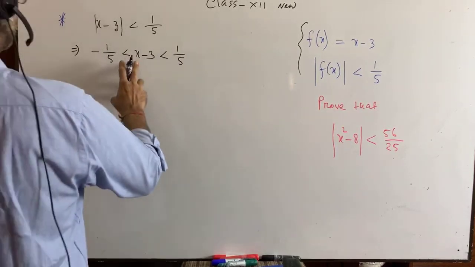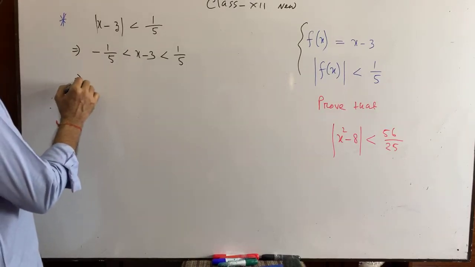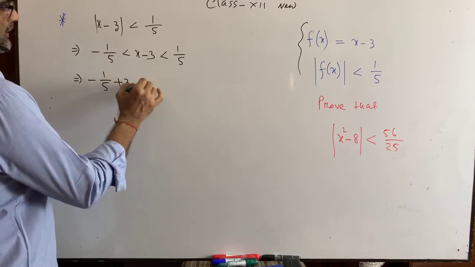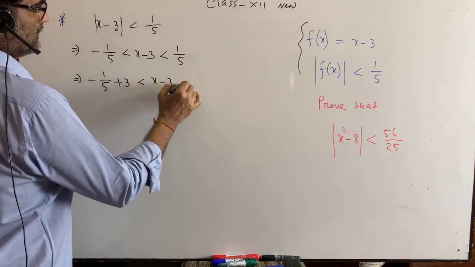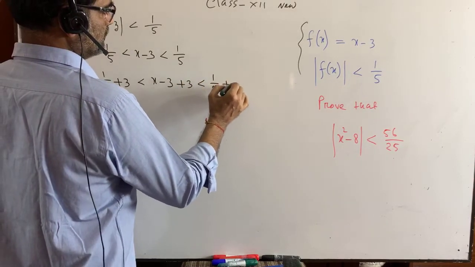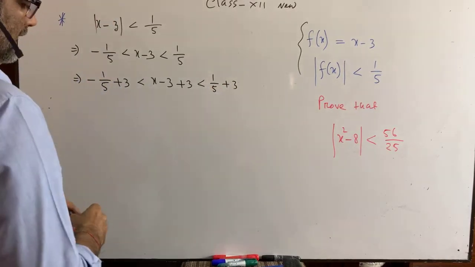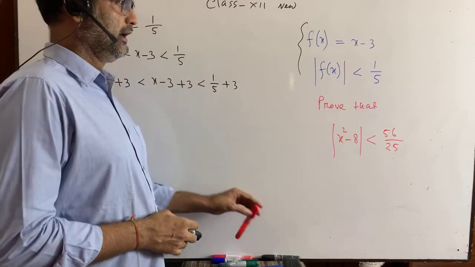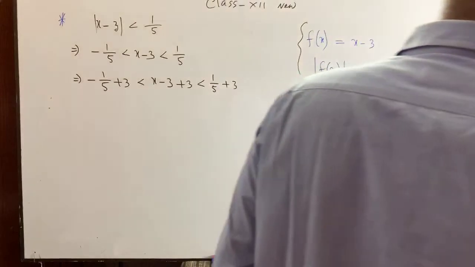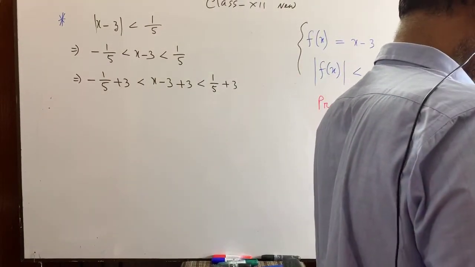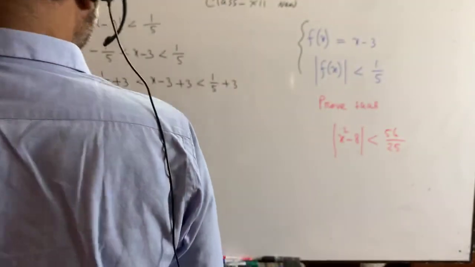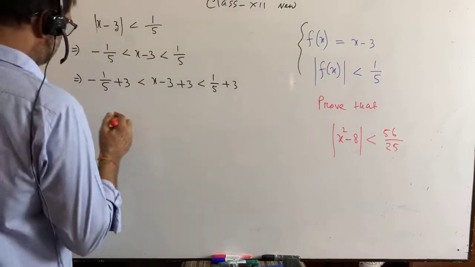Now with x there is minus 3, so what will be our next step? Minus 1/5 plus 3 less than x minus 3 plus 3 less than 1/5 plus 3. What I have done is add 3 to both sides.